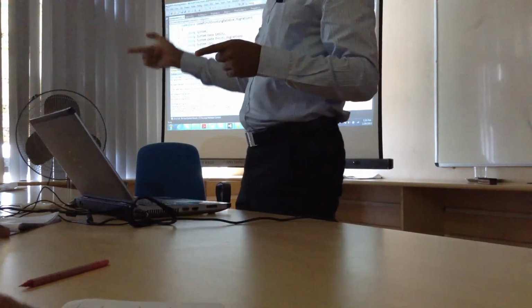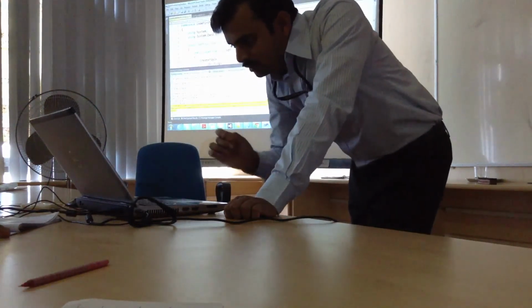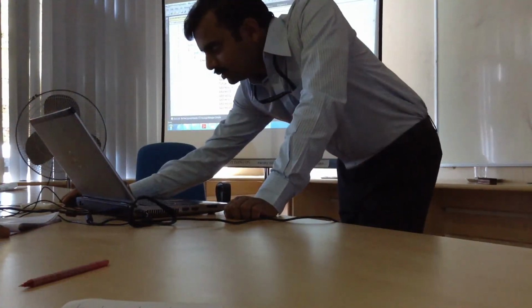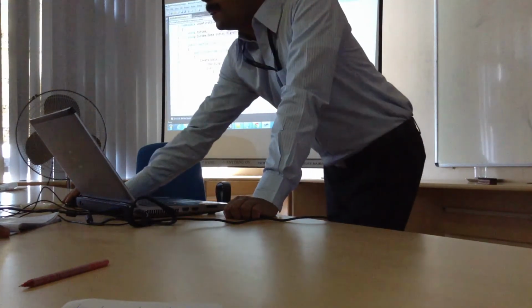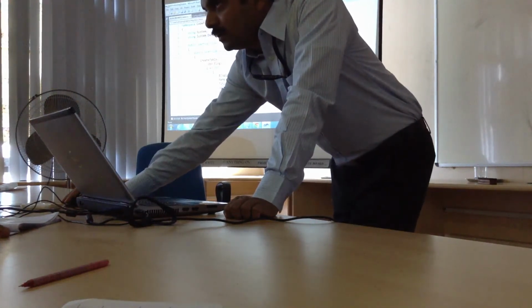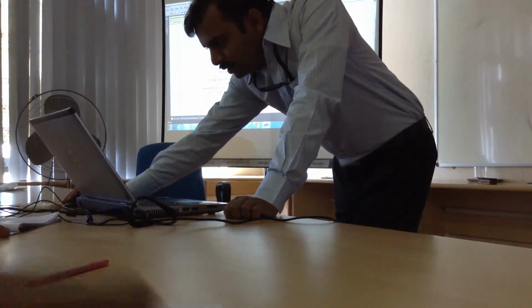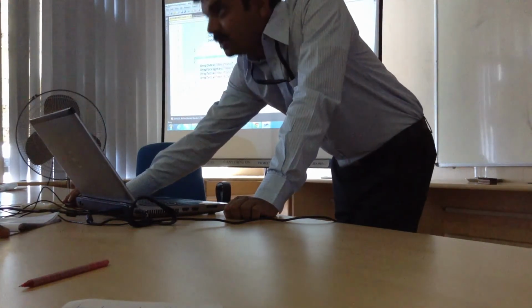It will create that migration class for me, right? And if you go through this, in the Up method it is creating all the tables, all the things are present for me.